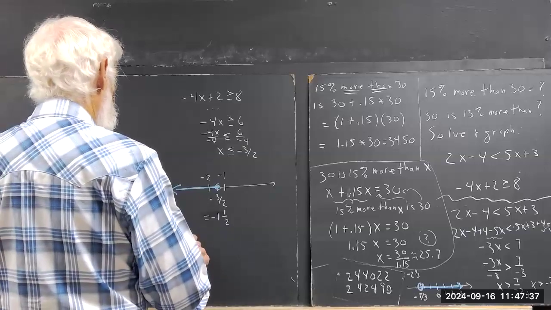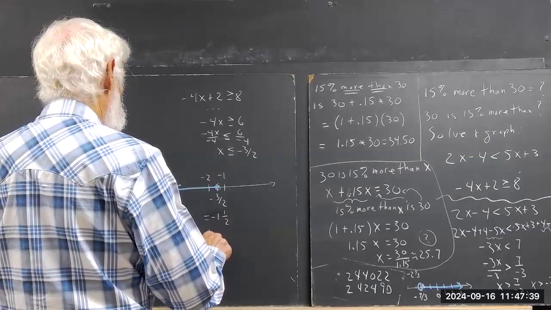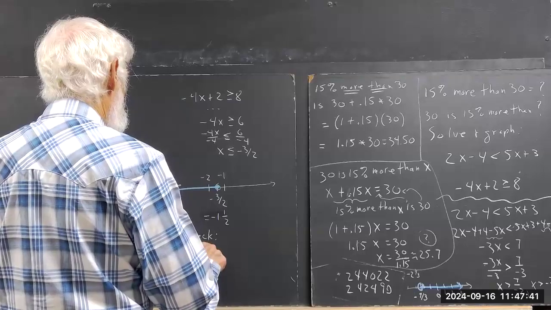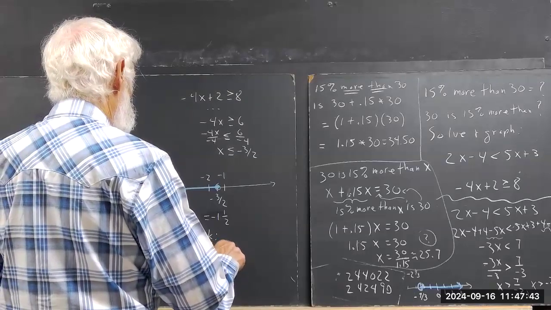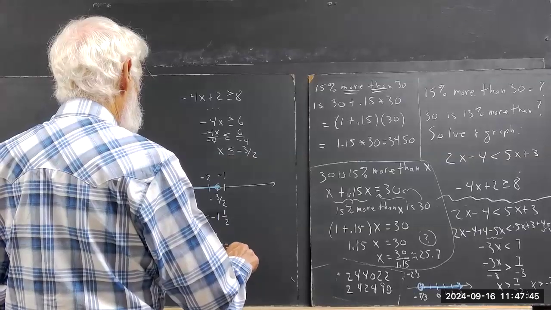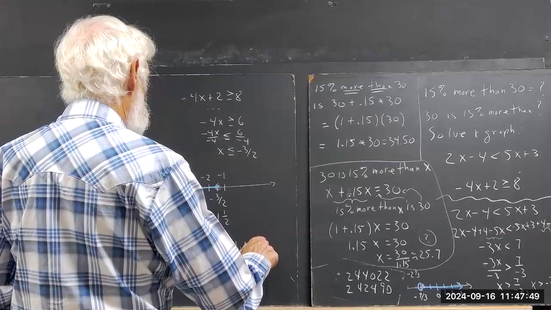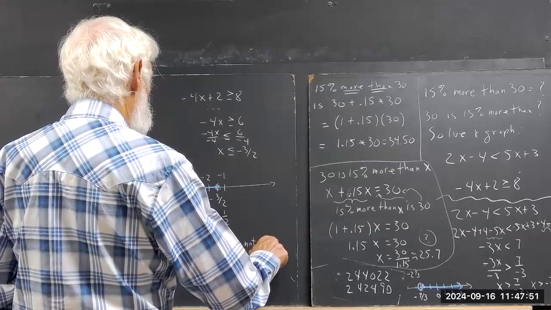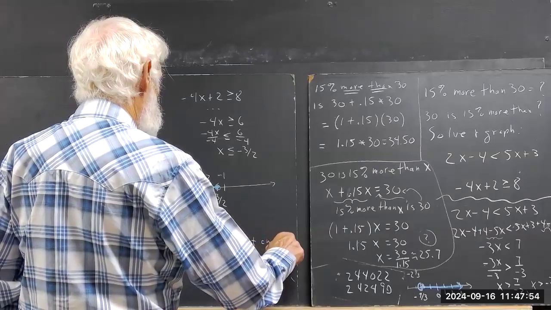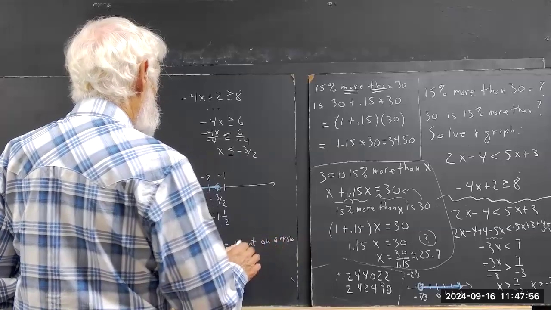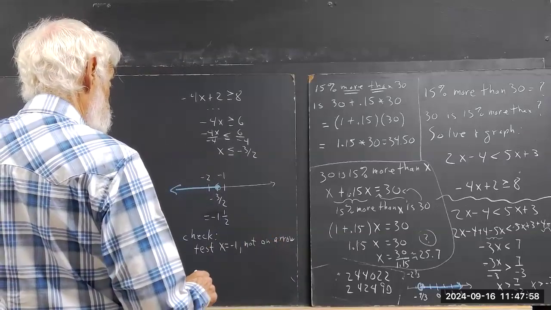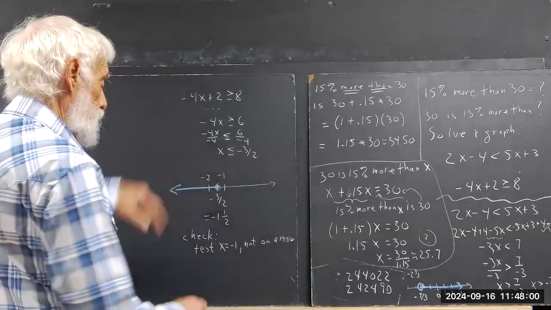So let's check here. -1 is not on our arrow, so it should not satisfy the inequality.